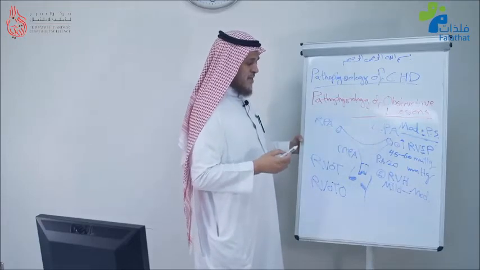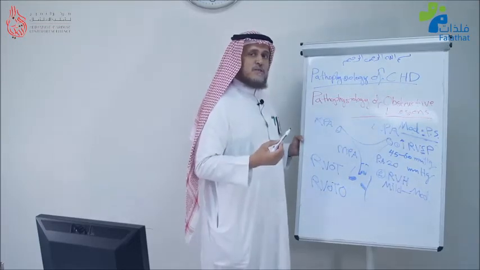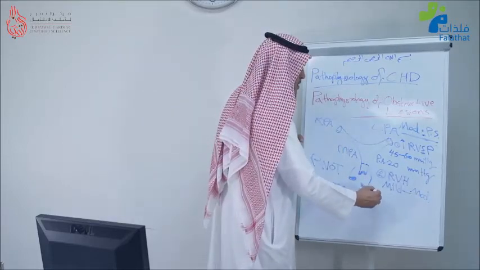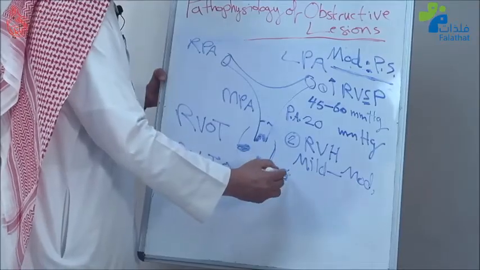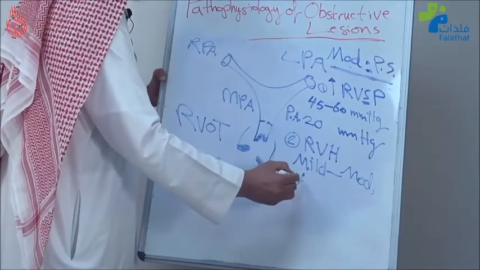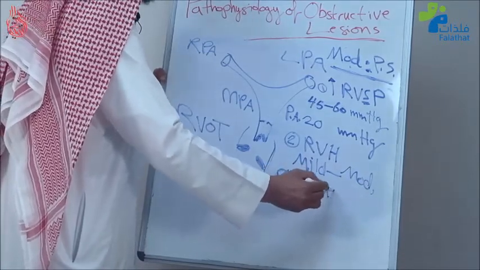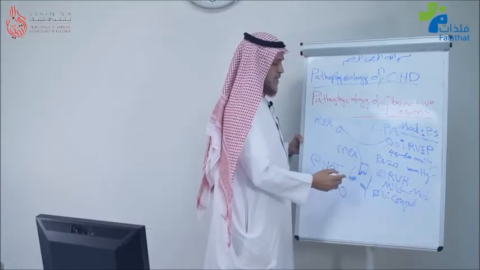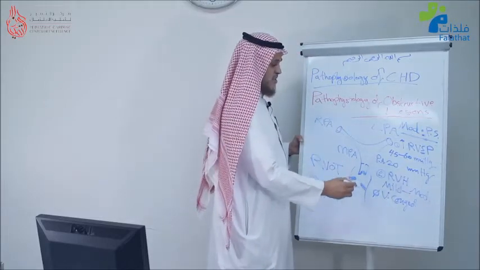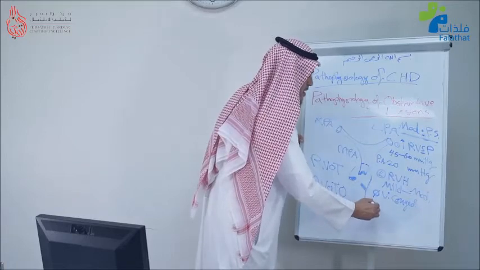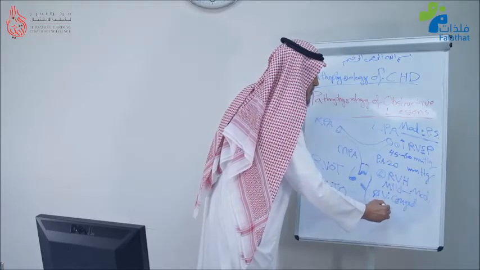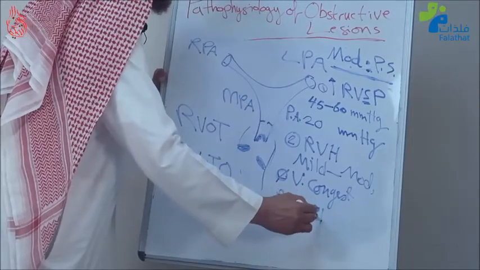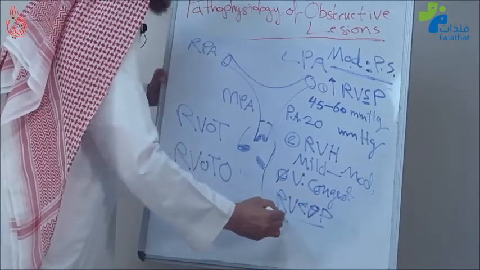Would we start seeing any venous congestion? No. So no venous congestion in the right atrium or in the venous system. Would we see any effect on right ventricular end-diastolic pressure with moderate pulmonary stenosis?